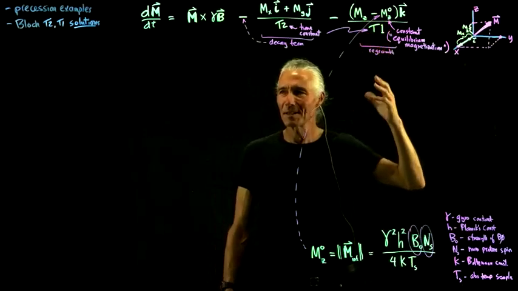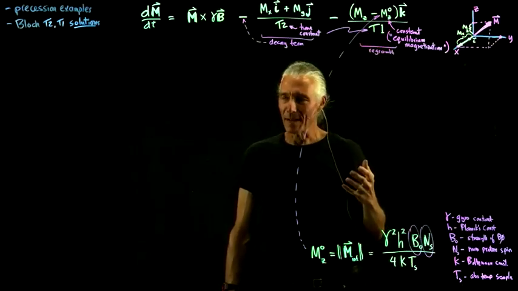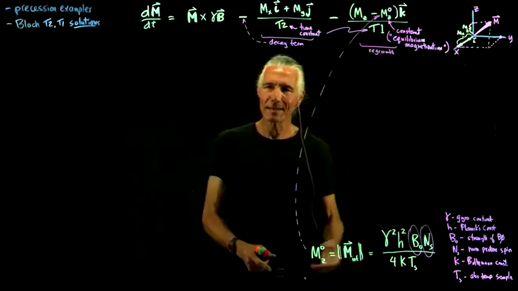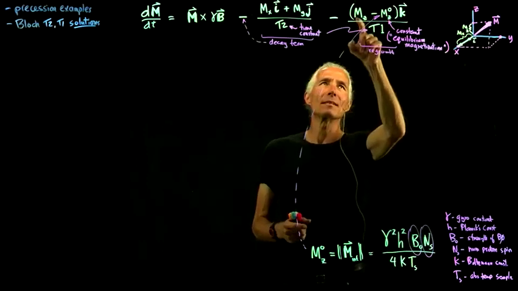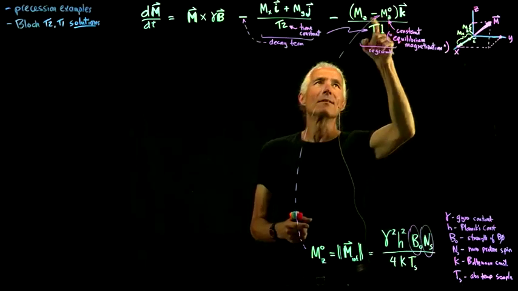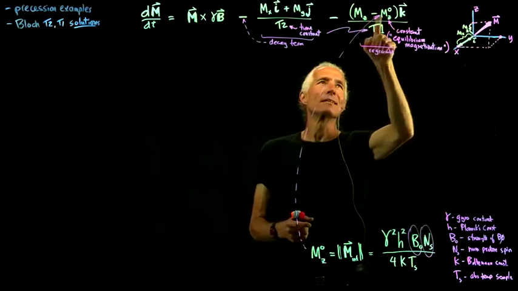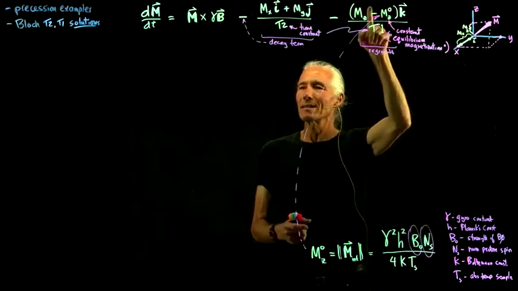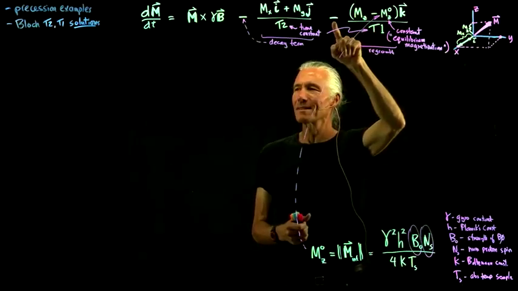So let's take a simple example. Say you aren't at equilibrium yet. You stuck yourself in the magnet, it's only been like 1 second, and you haven't gotten completely magnetized, so mz is going to be less than the equilibrium z magnetization. If that one was 1 and this one was 0.5, then this is going to be minus 0.5, and then we minus it, which minuses the minus, making it a plus.